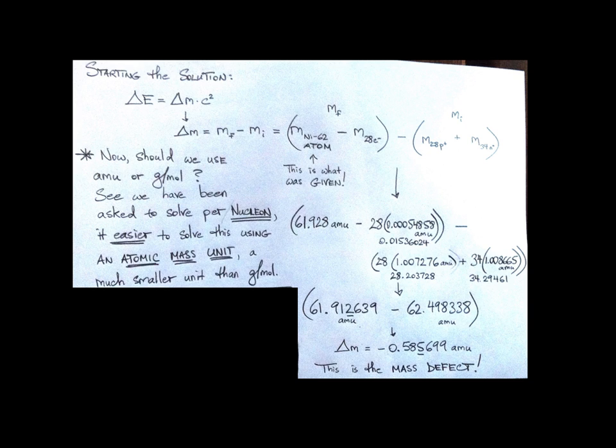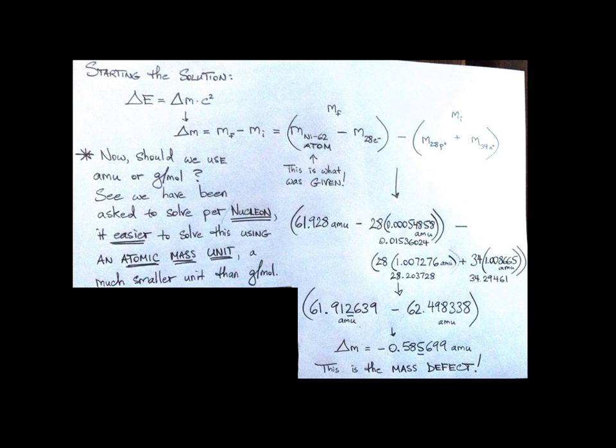If I were to do this, I would actually have to add the mass of 28 electrons additionally to the mass final section and also to the mass initial section. Now, that might be easier for some of you to do. You'll notice then that the negative mass of 28 electrons plus the positive mass of 28 electrons would cancel out.